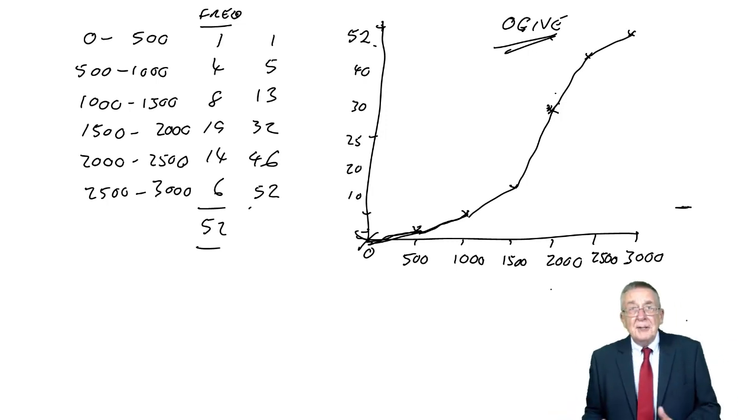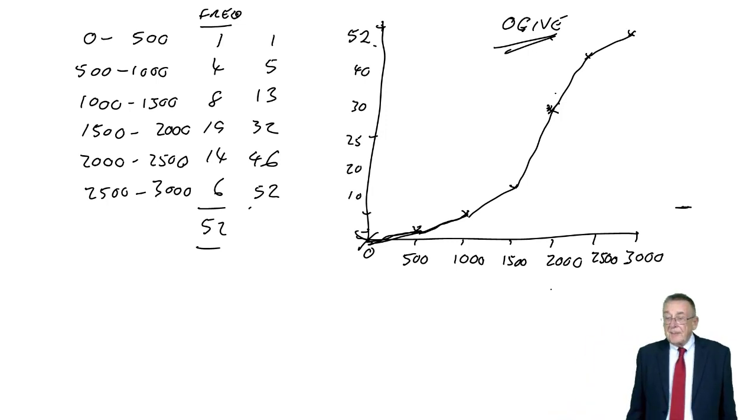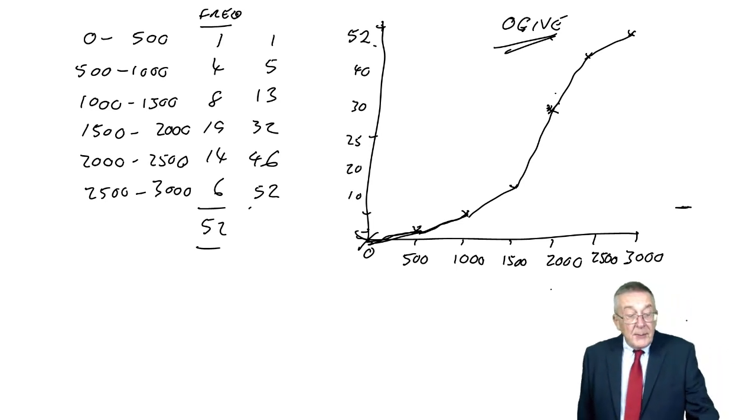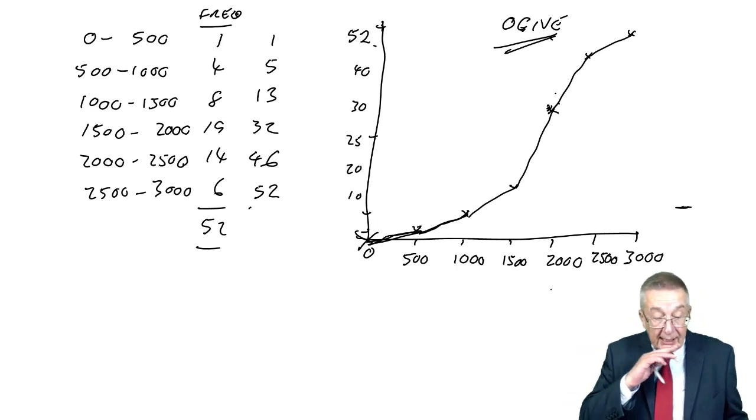People at the top end suddenly earn an awful lot more. Anyway, that's histogram and an ogive.